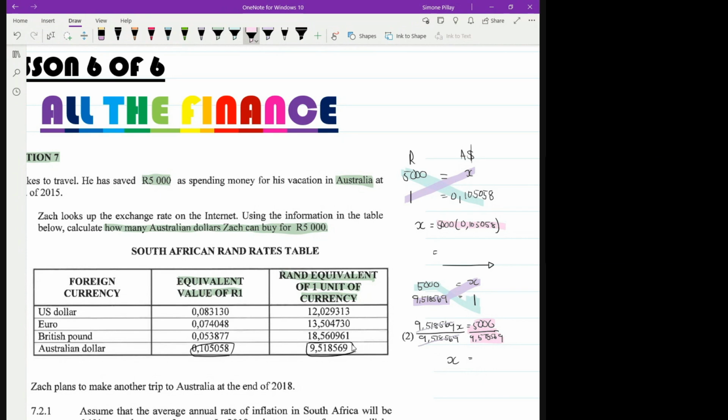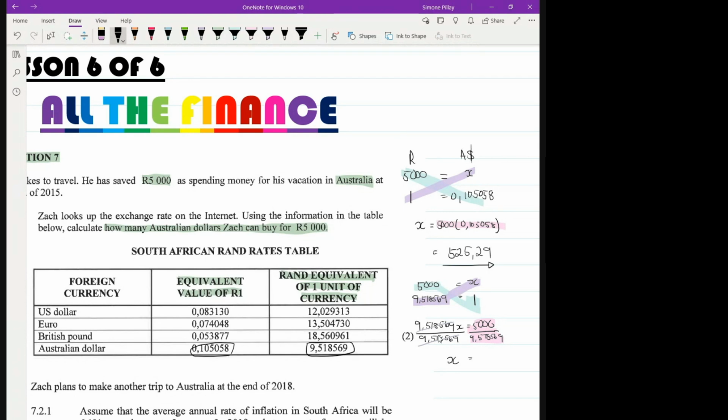Oko and Mamelo have two different answers, but I think Mamelo's answer looks correct. 525,29. And let me just do this calculation to double check. 5,000 divided by 9.57.